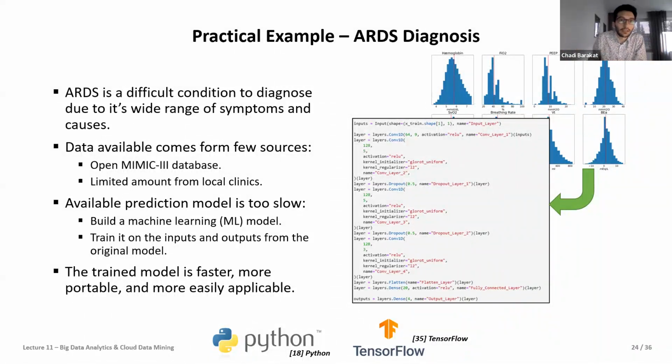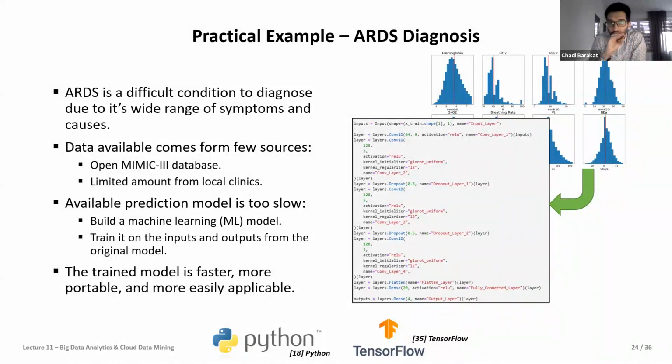In this case, the original data that we had was available through the MIMIC-3 database, which is a resource available online. It's a resource of medical information, signals, and images taken from only one hospital somewhere in the United States, and we'll talk about that later.